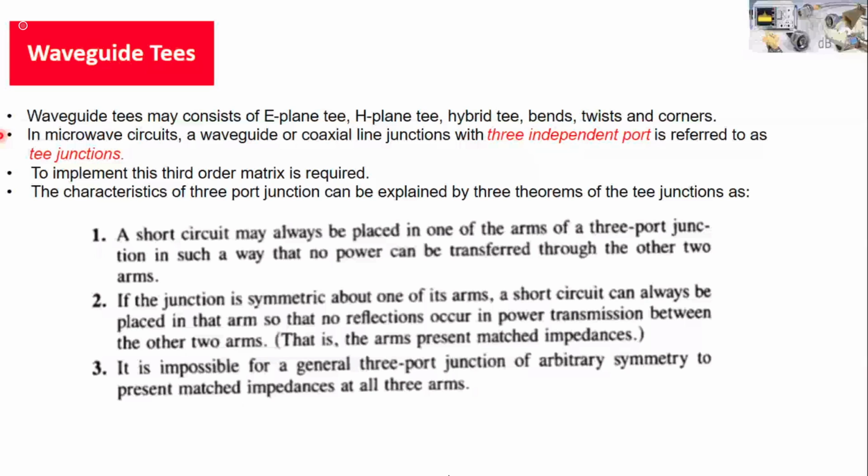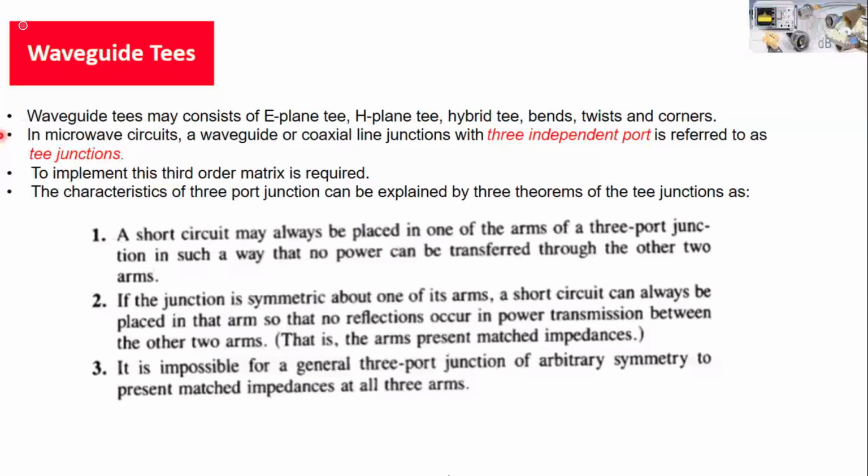First, a short circuit should always be placed in one arm of the three-port junction. Basically, waveguide T's are three-port junction devices. So a short circuit is always placed depending upon the scenario from where you are feeding the input, in such a way that it provides the matched termination.